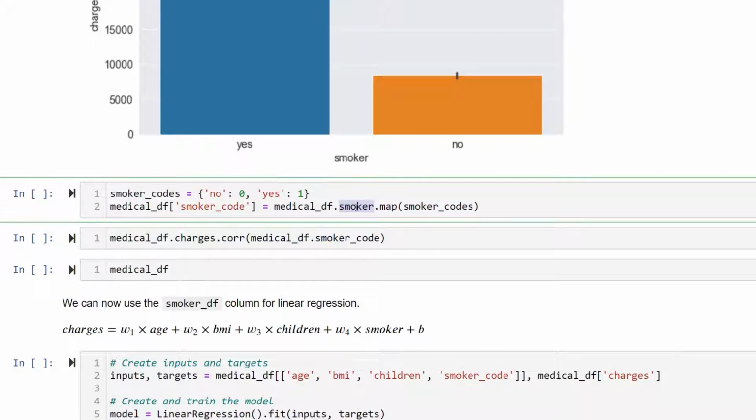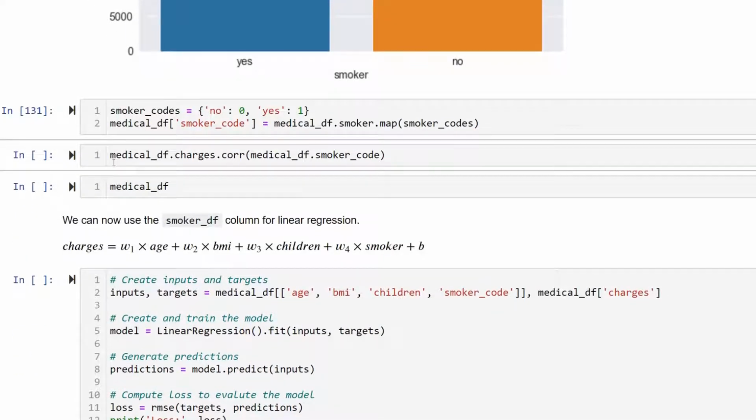I map that smoker column in the medical DF with the dictionary we have created. Yes, we have done it successfully and changed the smoker values with our dictionary.